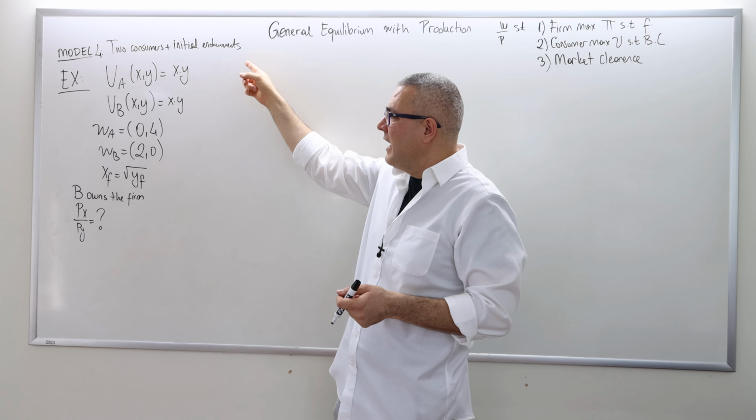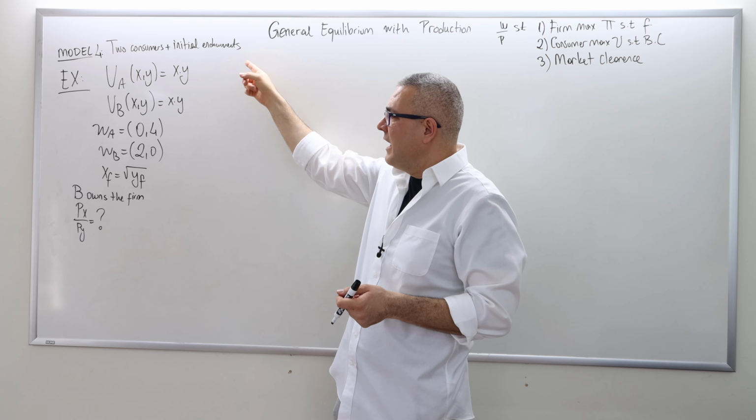So the profit is going to be Px times XF minus Py times XF squared. And so the first order condition, if you are trying to maximize this, means take the derivative with respect to XF, set it equal to 0, and solve for XF.